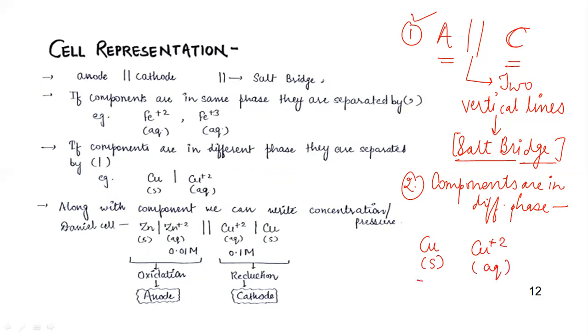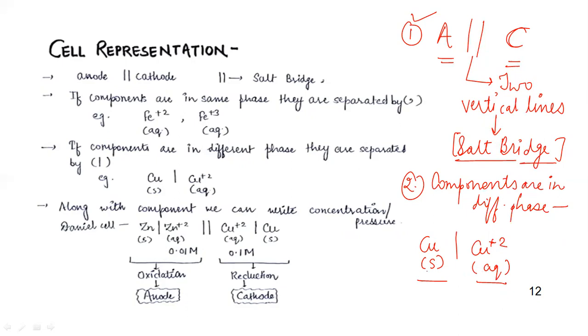So you can see that this is solid and this is aqueous. So that means components are in the different phase. So how we can separate it? Okay, we just have to draw a single vertical line. So single vertical line is used to separate two components having the different phases.